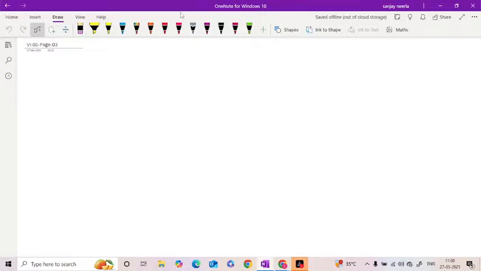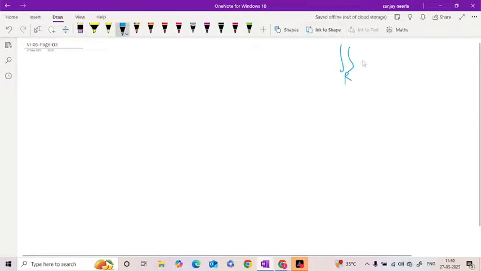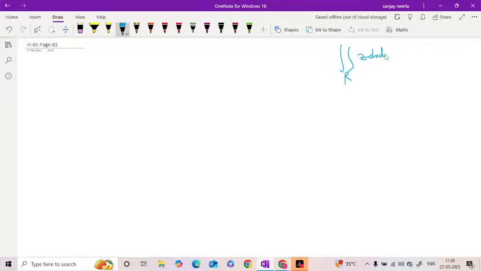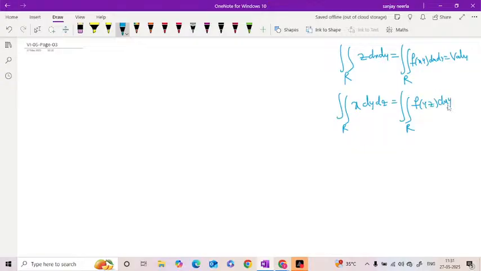Now the double integral of z dx dy is equal to double integral of f of x y, dx dz, will get the value. Or you can take like this also, double integral x dy dz, function of yz, will get the value.